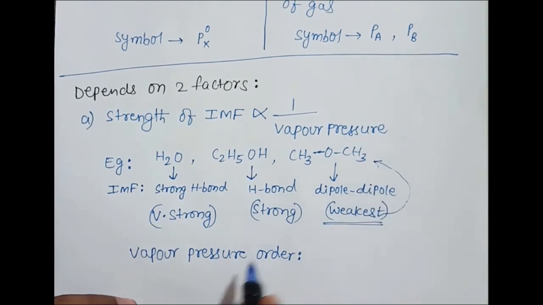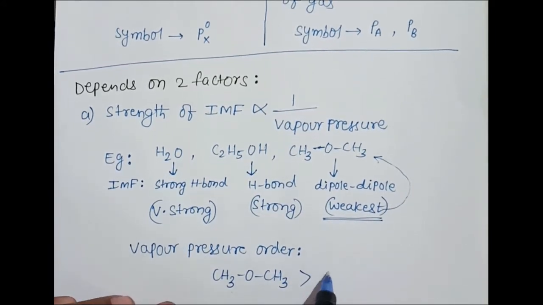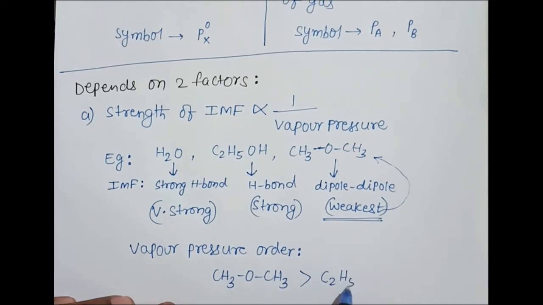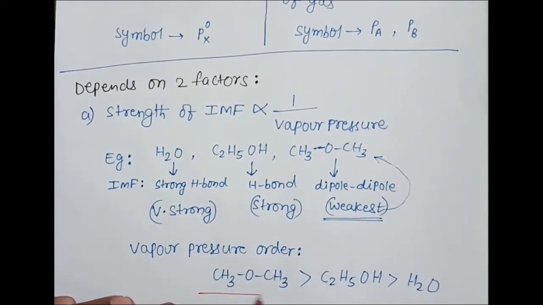So the answer is dimethyl ether having a very high vapor pressure, then ethanol, then water. So got it? This was a question asked in NEET, but not exactly like this. Somewhere it is related like this.